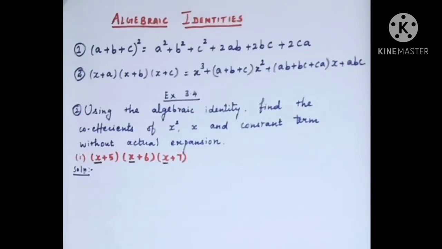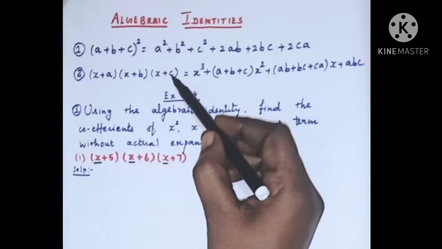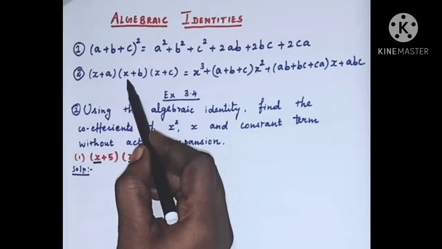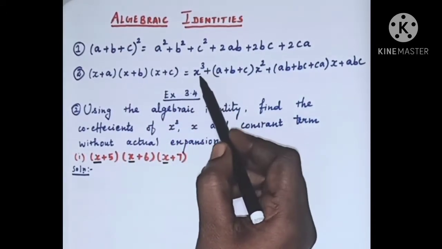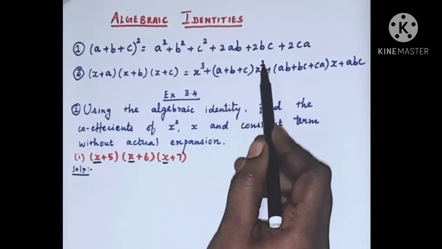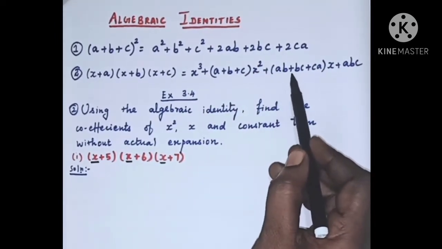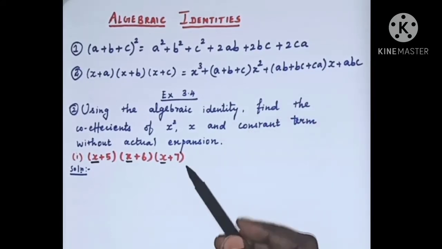So, this expression is the same as the identity x plus a into x plus b into x plus c equal to x cube plus a plus b plus c into x square plus ab plus bc plus ca into x plus abc.